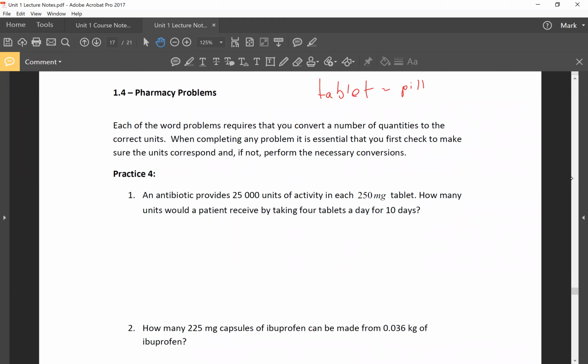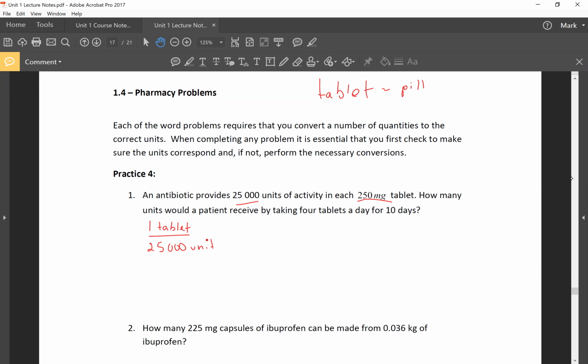So there's a lot of information in this one sentence. The first thing I notice is that in one tablet, which I could just say tab, there are 25,000 units. I'm writing that as a fraction. You don't need to write that as a fraction, but the idea is this is my conversion factor.